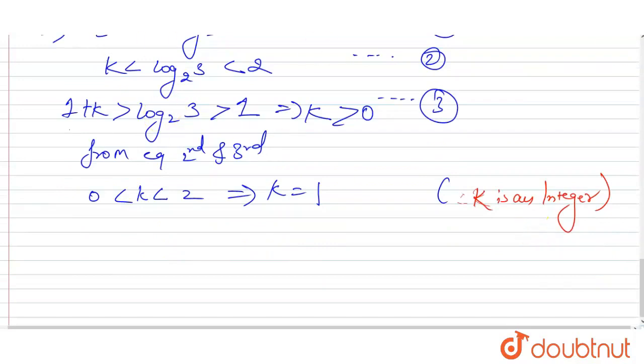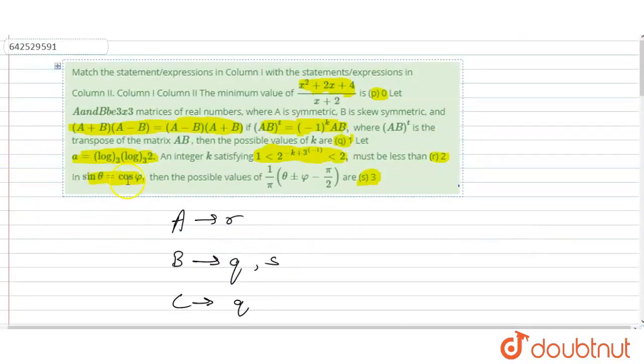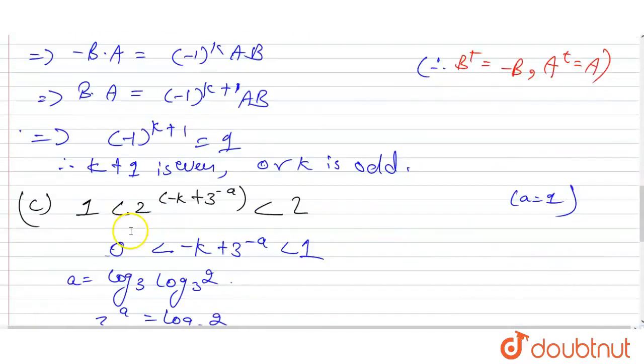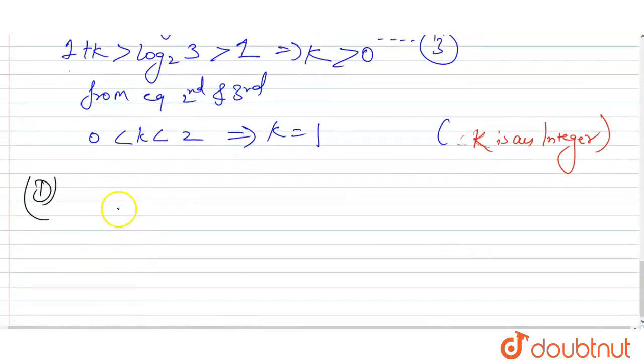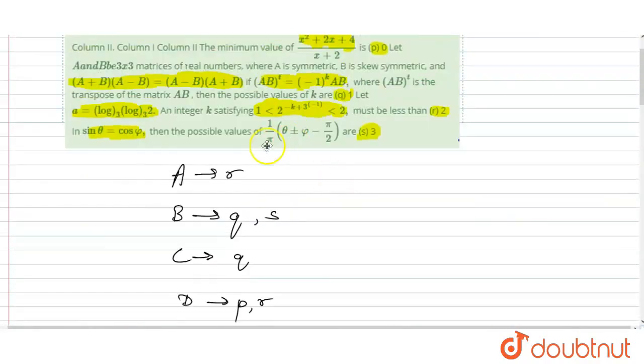Now let's do the fourth part. Let's check what we have in D. We have sin theta is equal to this. Okay, so now we will solve this, the positive values of 1 by pi.